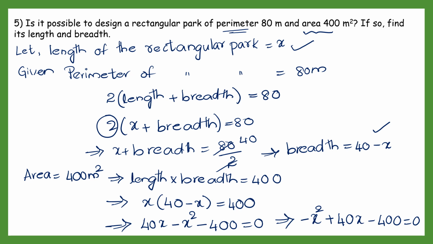We should first check whether the situation is possible or not. That means we should check the nature of roots of the quadratic equation. Then we will know whether the given situation is possible or not. So let's check that. Equation is minus x square plus 40x minus 400 is equal to 0.